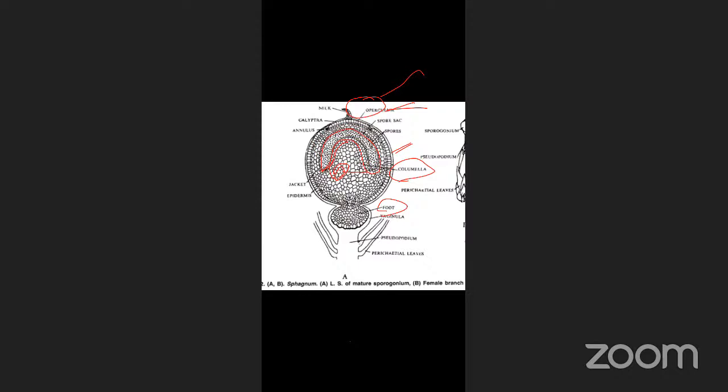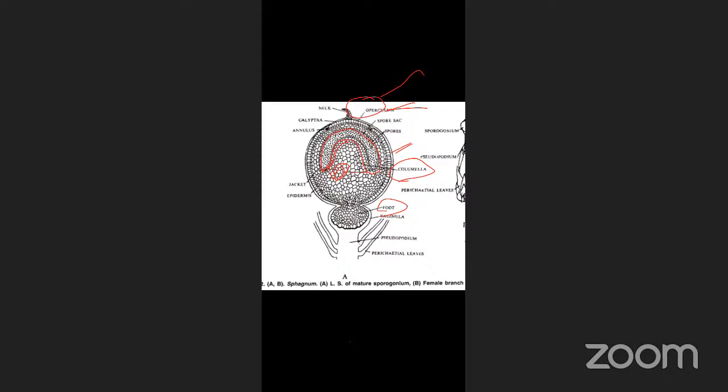In Bryophyta, the gametophyte is green in color, thallus-like, dichotomously branched, dorsiventral, with root-like, stem-like and leaf-like structures, but not a true root, true stem or true leaf.